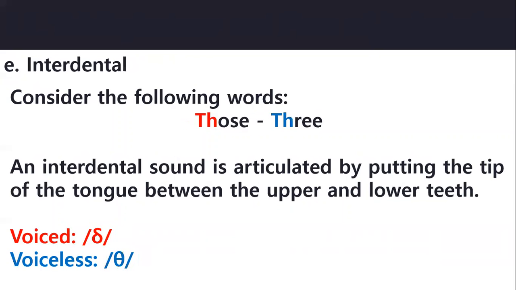Then we move to interdental. Consider the following words: those, three. An interdental sound is articulated by putting the tip of the tongue between the upper and lower teeth. We have voiced th as in those, and voiceless th as in three.